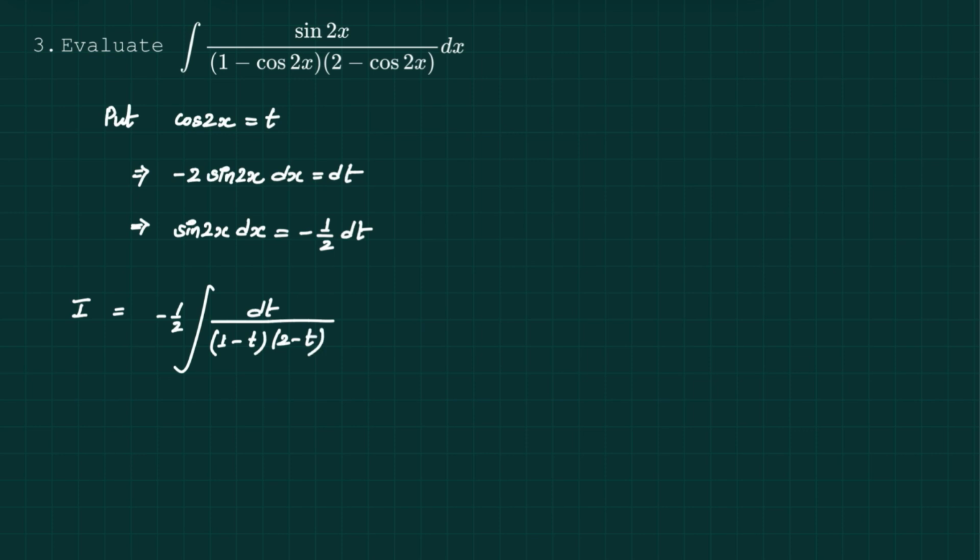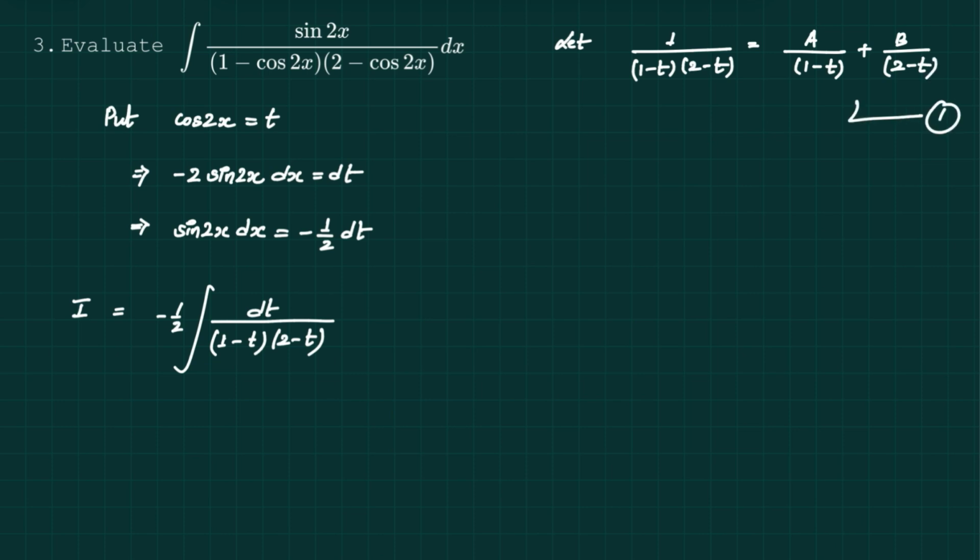Now here we will use the technique of partial fractions. For that, let 1 by (1 minus t) into (2 minus t) equal, let us suppose, a over (1 minus t) plus b over (2 minus t). So let this be equation 1.